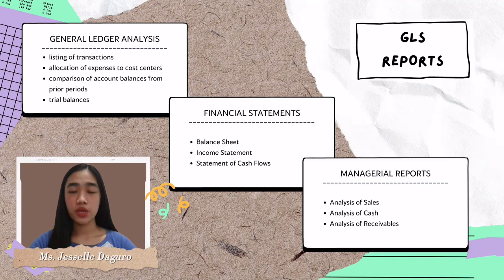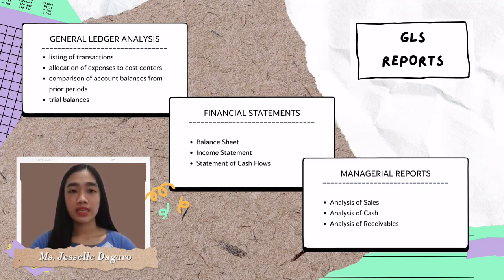Upon identifying the financial reporting procedures, let us now identify what are the typical reports that we could derive from the general ledger system. One would be the general ledger analysis, which includes the listing of the transactions, the allocation of expenses to cost centers, the comparison of the account balances from period to period, and of course the trial balances.